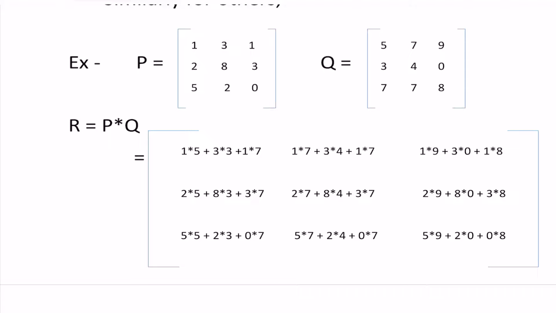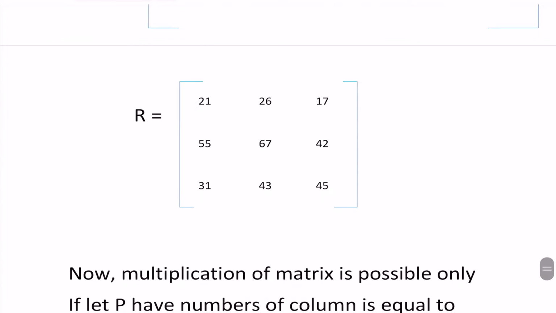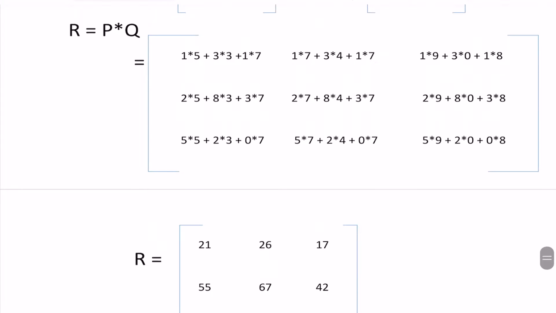Similarly, for R12, the first row is multiplied with the second column: 1 into 7, 3 into 4, and 1 into 7. Similarly for R13: 1 into 9, 3 into 0, plus 1 into 8. Similarly it goes for the others. And this is the matrix formed after the multiplication of the matrix.